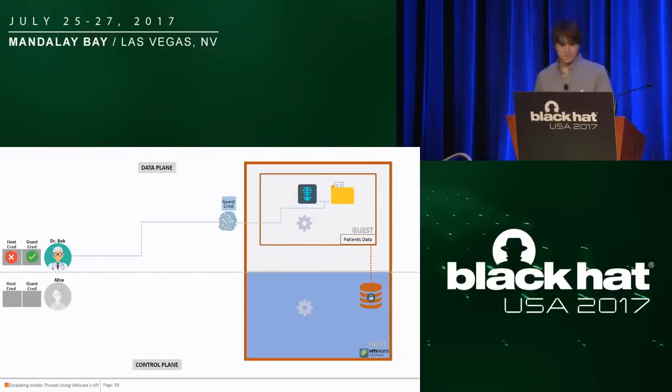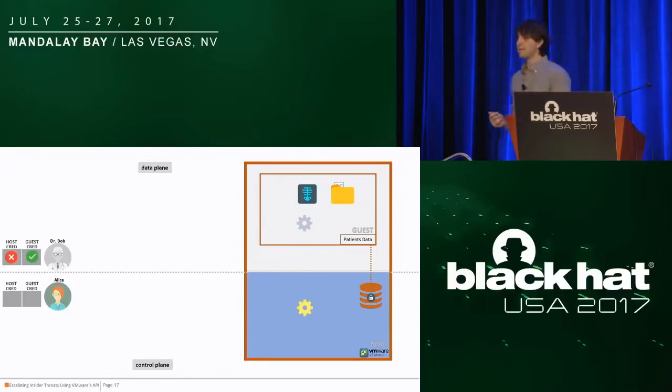Now, next we have Alice. Alice is a member of the infrastructure team, and as such, she has credentials to different vSphere hosts, which allows her to perform different maintenance tasks. Now, as required by regulation, Alice does not have credentials to sensitive machines such as patient's data.